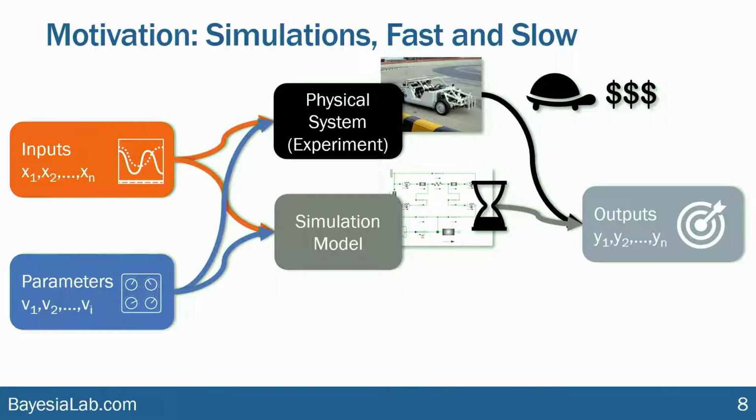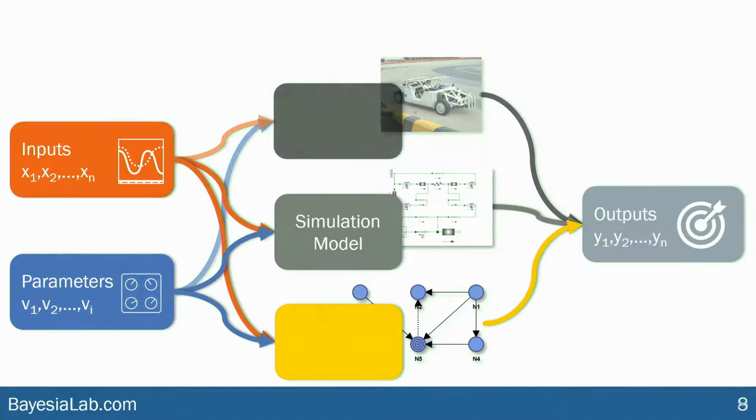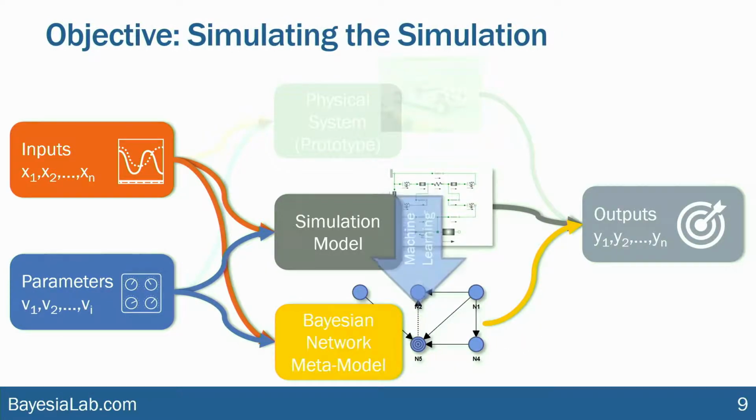So what we're trying to do today is simulate the simulation. Basically take the very, very detailed simulation model, a mathematical simulation model, and machine learn from it to create a meta model that approximates the original simulation model. So that's what we're trying to do today.